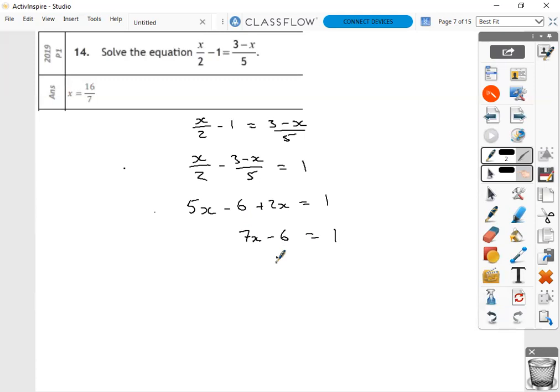I keep getting these wrong. What's happening? 5x minus 6 plus 2x. Oh, I've not done over 10. Thank God.